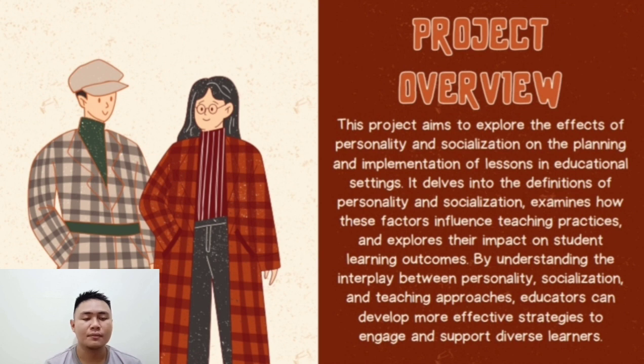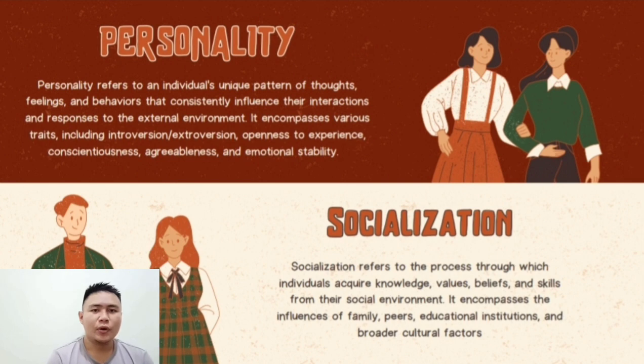diverse learners. Before we move on to our points, let's start by defining these two elements, which are personality and socialization. Firstly, personality. It refers to an individual's unique patterns of thought, feelings, and behaviors that consistently influence their interactions and response to the external environment.